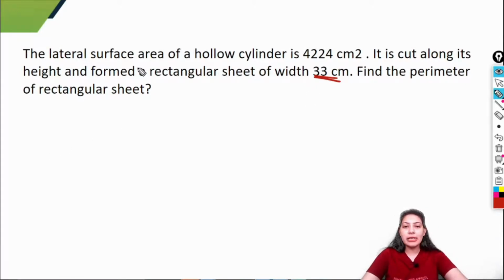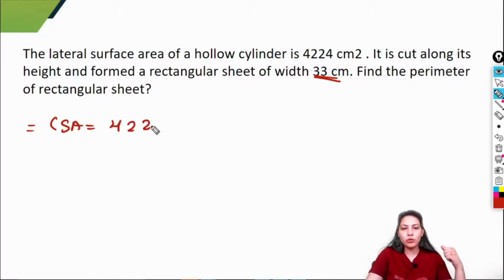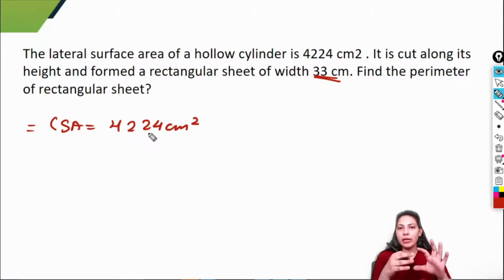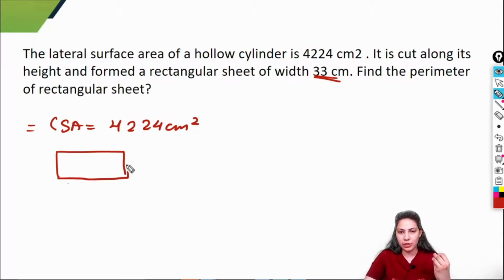So lateral surface area means the curved surface area of a cylinder. So CSA is given as 4224 cm square. Now it's cut along the height and formed a rectangular sheet with the width as 33 centimeter. Now we have to find the perimeter of this rectangular sheet.